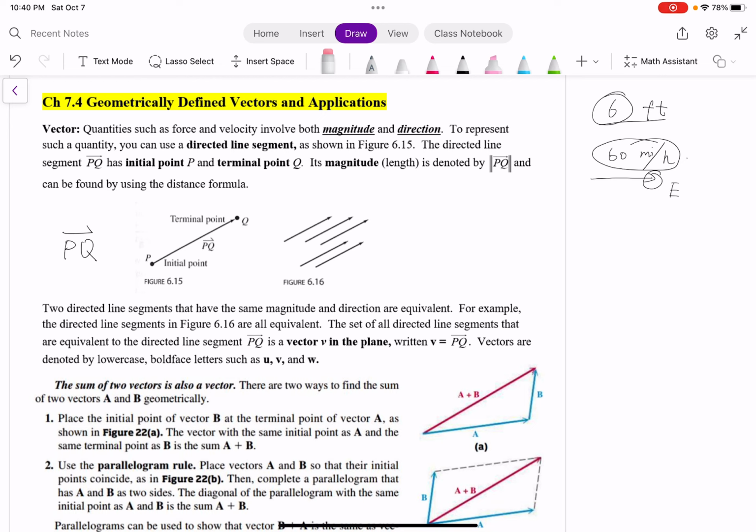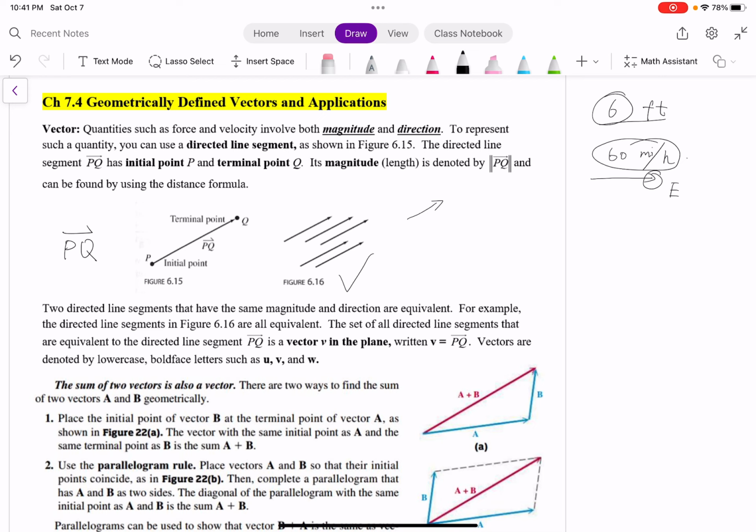You see all of these vectors, they have the same length, or we say they have the same magnitude, and they are all pointing to this direction. So they represent the same vectors, or we say these vectors are equivalent, because they have the same magnitude and they are pointing to the same direction.